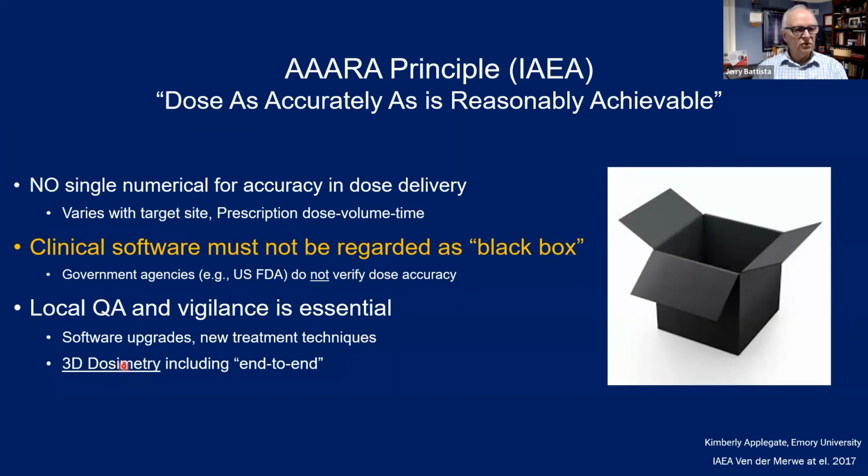And 3D dosimetry has also evolved, so it's possible to do things in 3D and also include what some people call end-to-end quality assurance. So have a phantom, perhaps a gel, that is treated with many fractions and then look at the final dose distributions end to end.